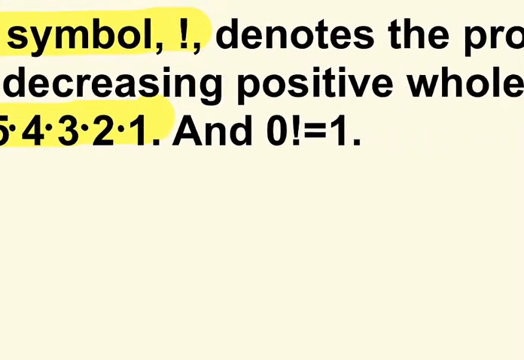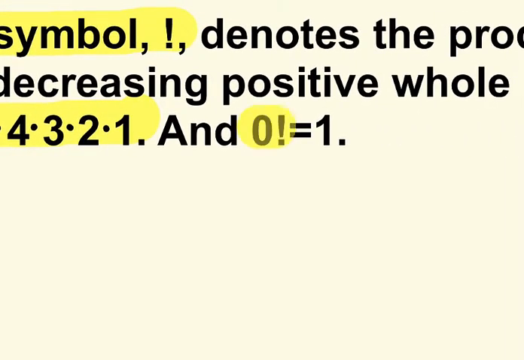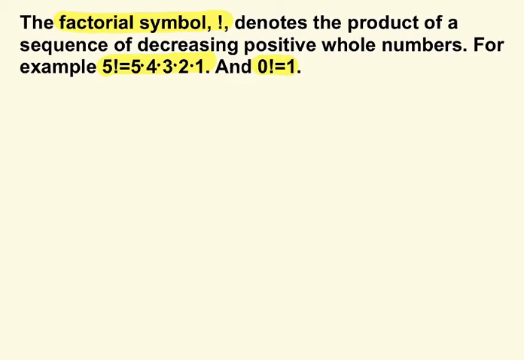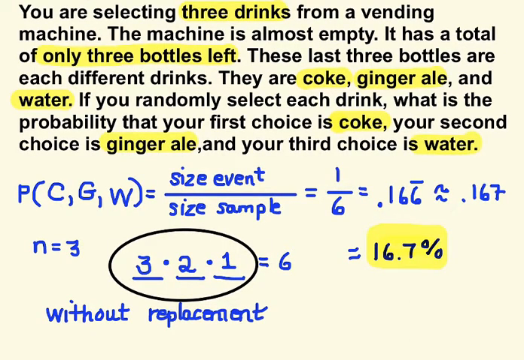And by definition, 0 factorial always equals 1. So going back to our previous problem, our 3 times 2 times 1 is actually equal to 3 factorial.